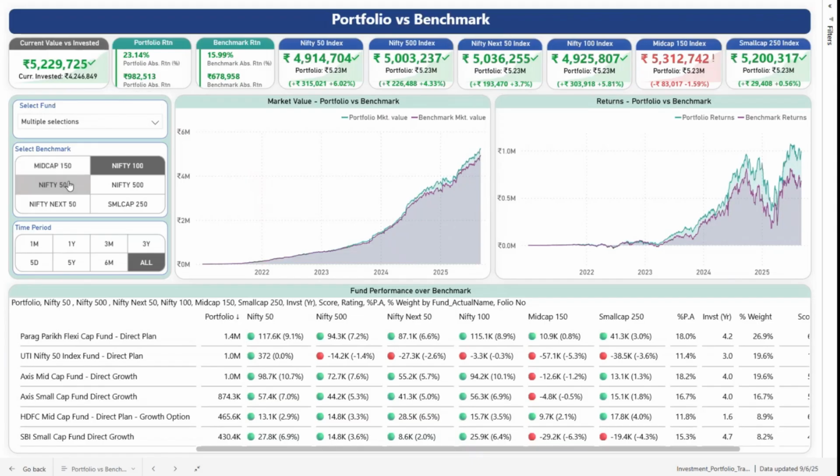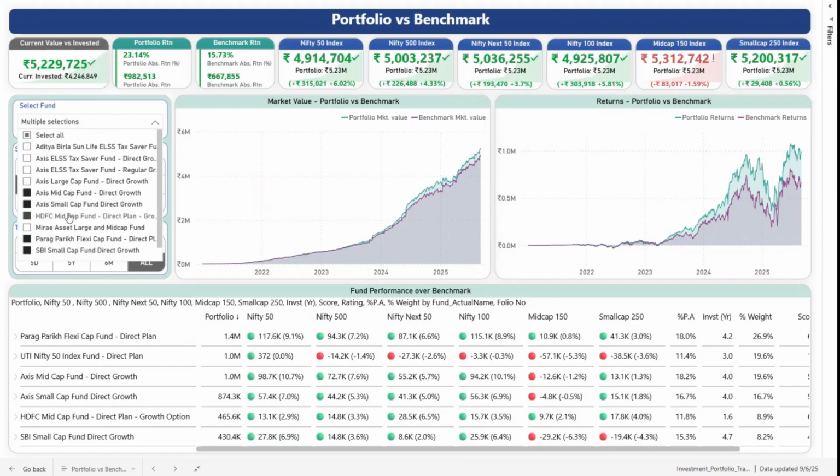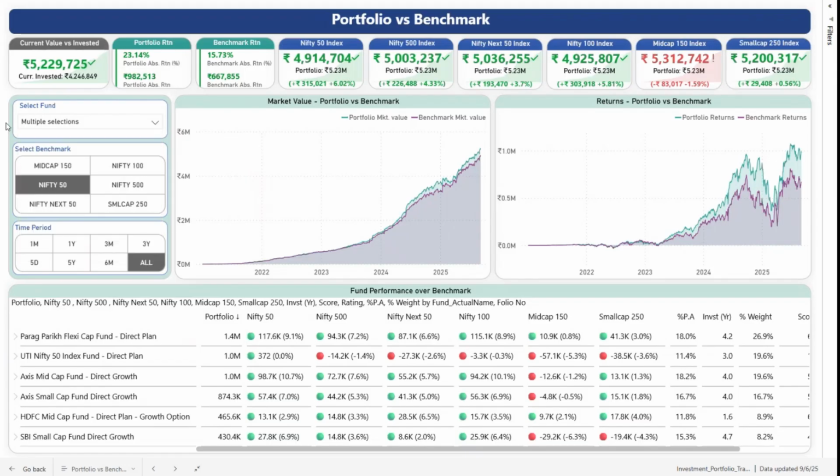What it is trying to tell you is, basically, combining all these active fund investments, if instead of these six funds you would have invested in a Nifty 50 index fund alone, what would happen to your overall portfolio value? So this is basically an apple to apple comparison.